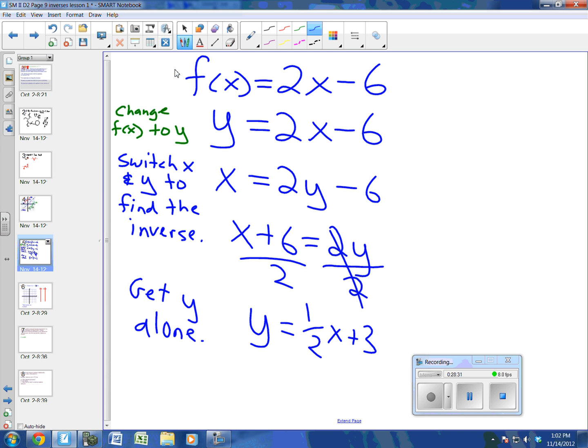Last step. Change y to inverse notation. In x, you guys.